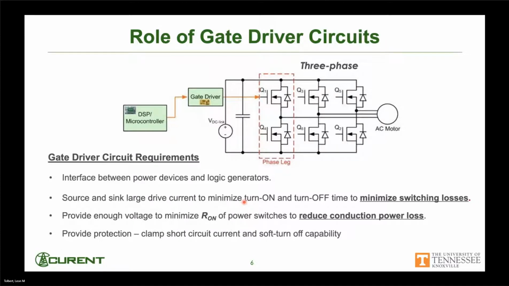We also need to provide enough voltage so that the on-state resistance is fairly low during on-state to reduce conduction loss. And then typically there's also a protection interface where we're sensing some things and we need that ability to very quickly go back over here and say, oh, we need to turn this off if we can detect a short circuit.